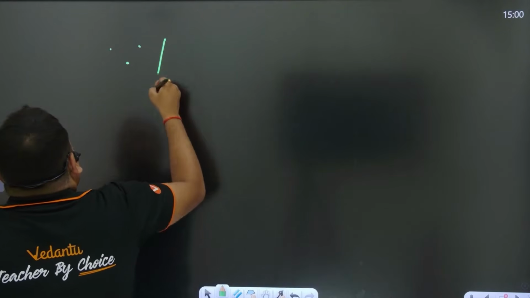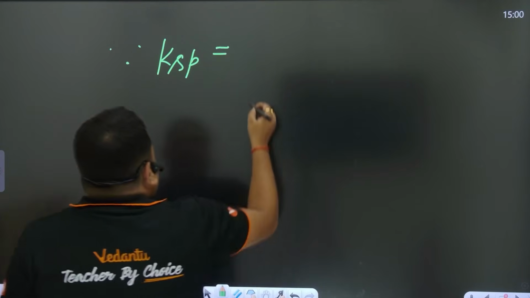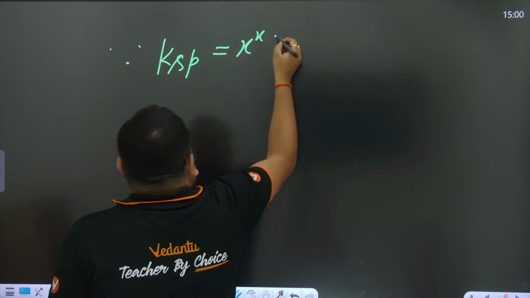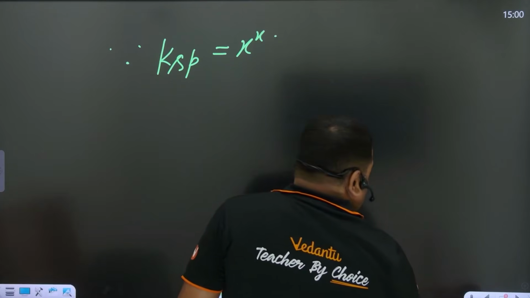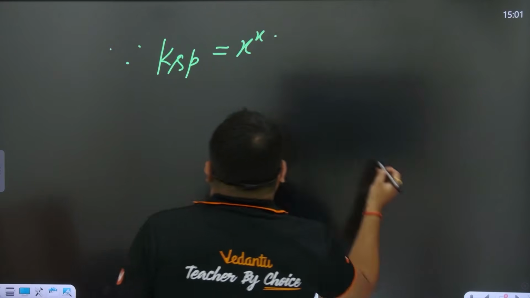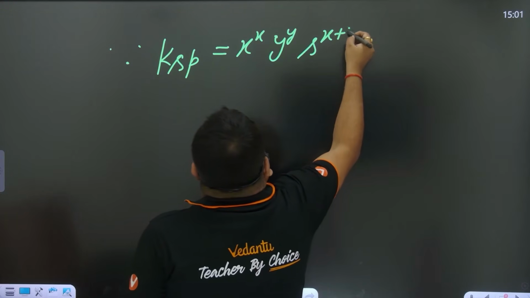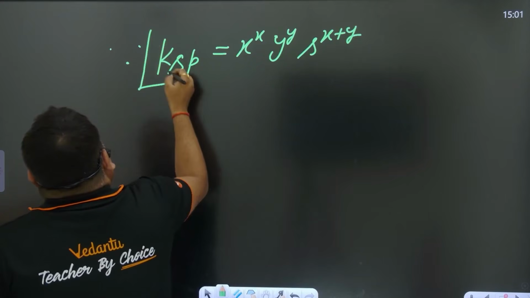Because you know KSP of that salt is x^x, y^y and S^(x+y), right?